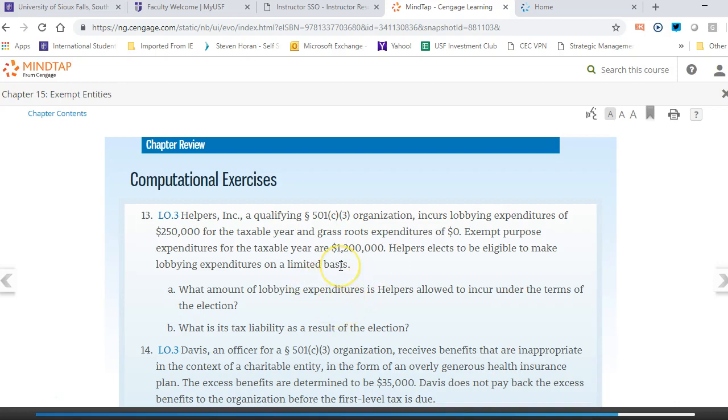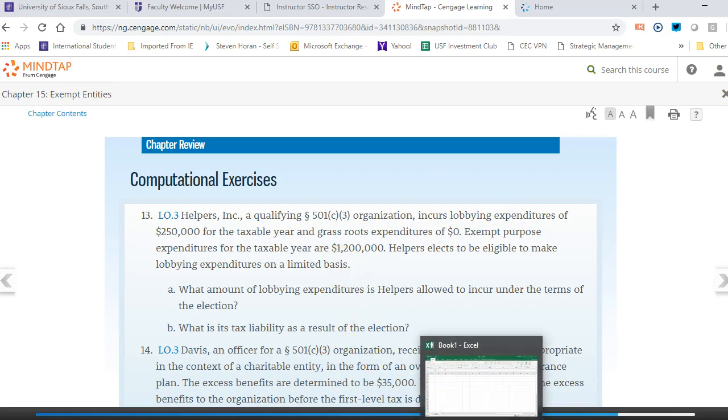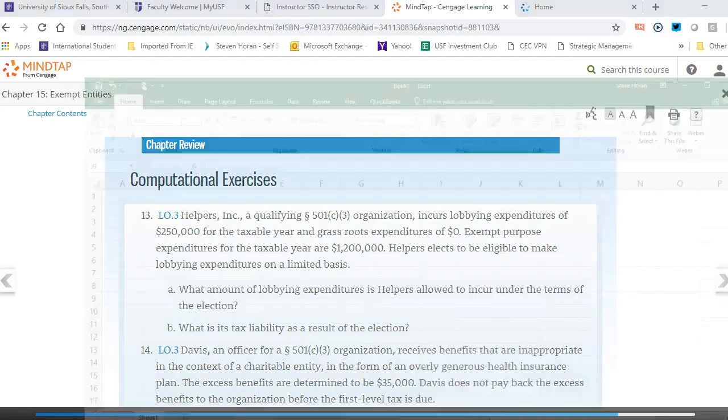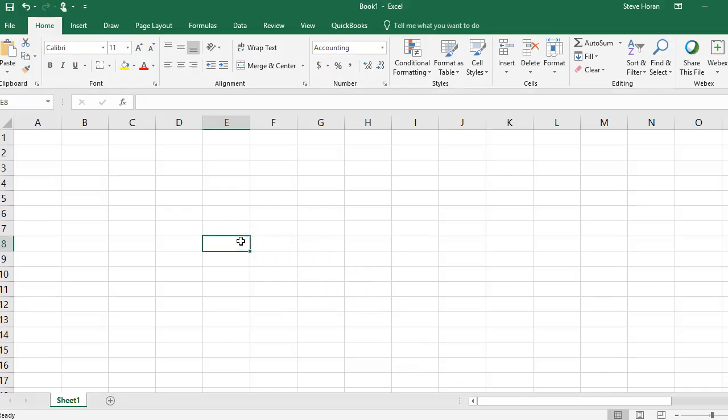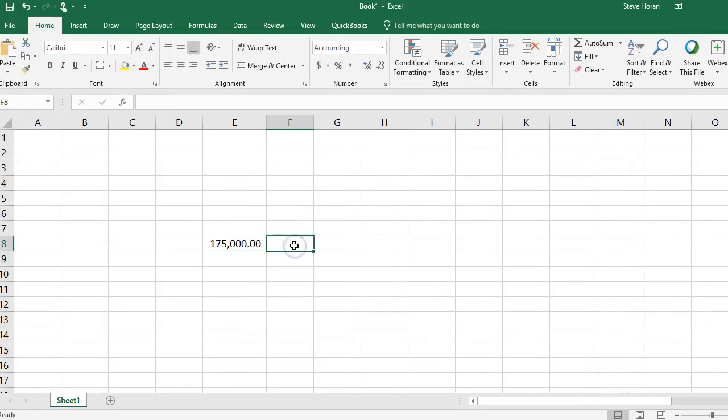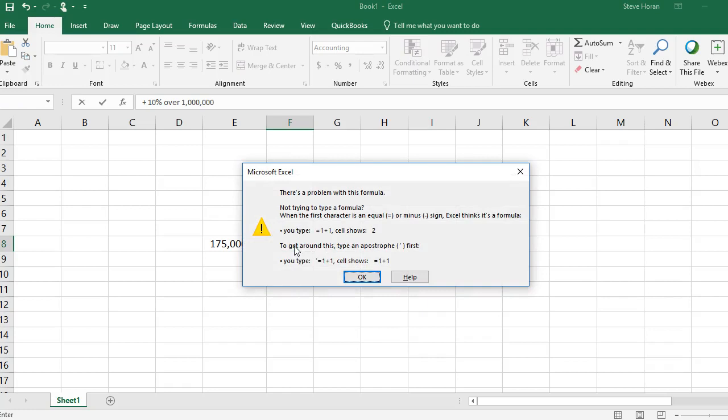So I'm at that $1 million to $1.5 million range. I'm just going to type in exactly what it says on page 6. It's $175,000, and then it's plus 10% of any amount over $1 million. That's the bracket that I'm in.